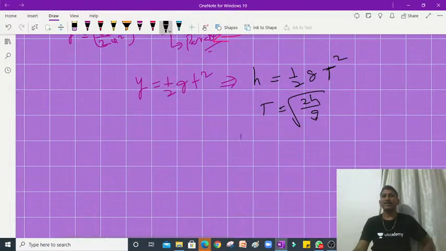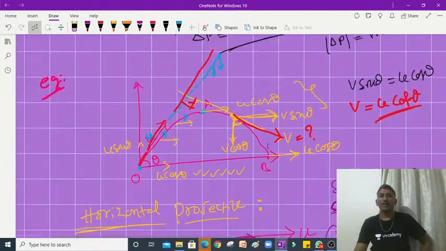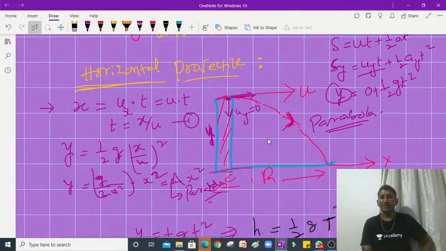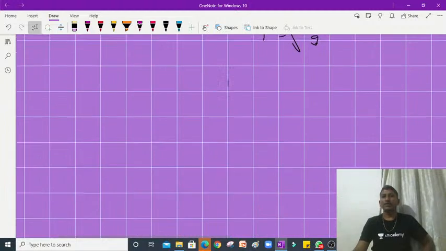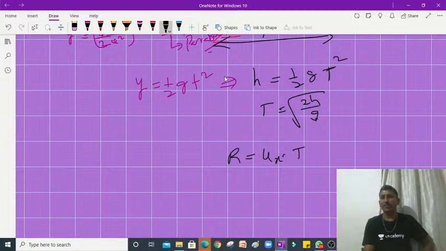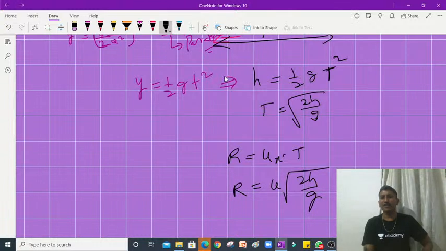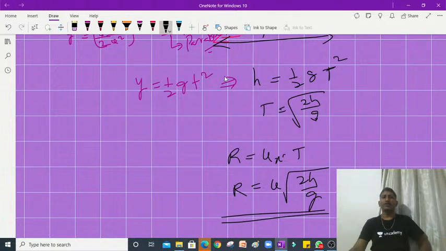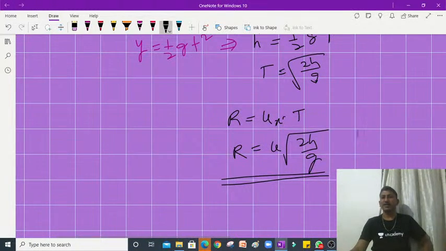If you are asking for the range, it means the horizontal distance, the total distance we already showed here. Range is nothing but horizontal velocity into total time. Horizontal velocity is u, and total time is root of 2h by g. So range R is equal to u into root of 2h by g.